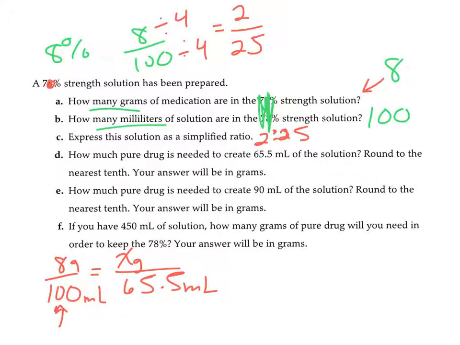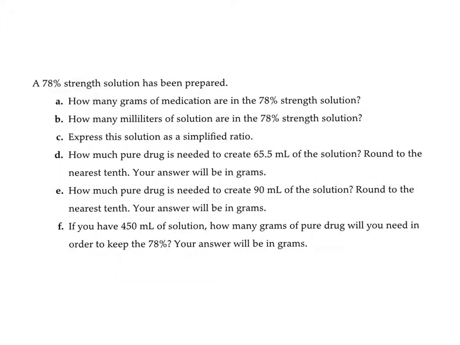And keep in mind, you can use that known, based on what we know about an 8% strength, or you can always use the reduced simplified version. You can use the 2 to 25 in this case if that's easier, but they both represent the same fraction. So I just wanted to show you guys that's what we will see in terms of the percent strength of solutions. I hope that helps with that.